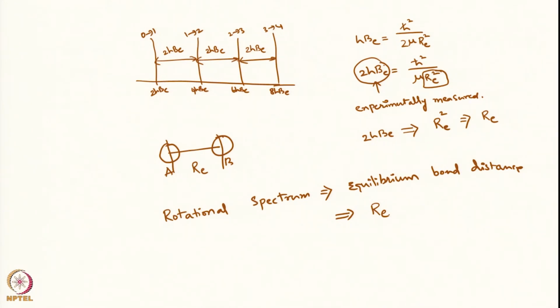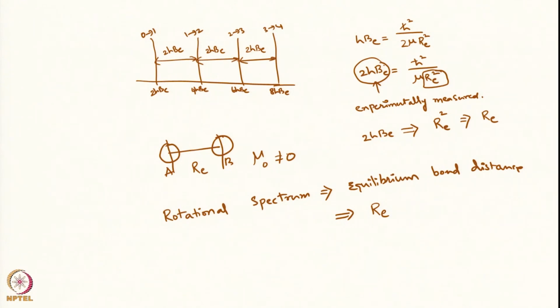So, that is the power of the rotational spectroscopy. However, one must always remember that this is only possible if mu naught is not equal to 0. That means you can only measure the bond distances of heterodiatomic molecules or molecules that have permanent dipole moment.